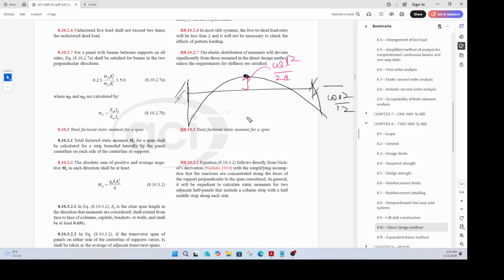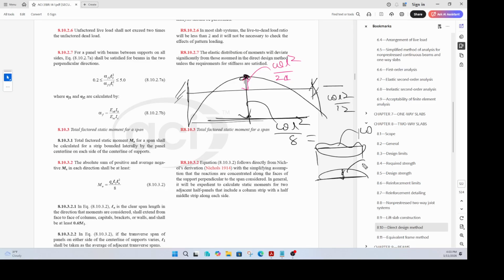So from here to here, that value is nothing but WL square by 8, right? This is like your simply supported beam subjected to UDL. Then your bending moment is WL square by 8. That value is WL square by 8.